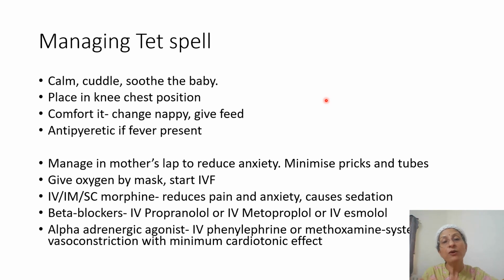So when you flex the thighs onto the abdomen, the femoral veins are obstructed, they are kinked, and due to this the venous return from both the lower limbs to the right side of the heart is reduced. Secondly, the femoral artery is also kinked to a large extent. Therefore, there is increase in the systemic vascular resistance which is being faced by the aorta.